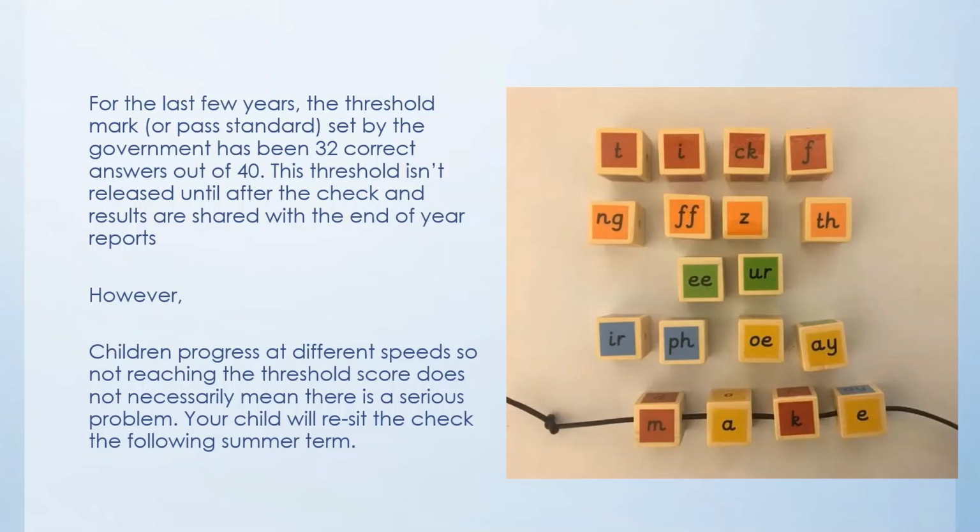We are not sure what the threshold will be before the children do the check, but we know the threshold for the past years has been 32. However, children do progress at different speeds, and we do want to stress that not reaching the threshold score does not necessarily mean there's a serious problem, and your child will resit the check in the following summer term.